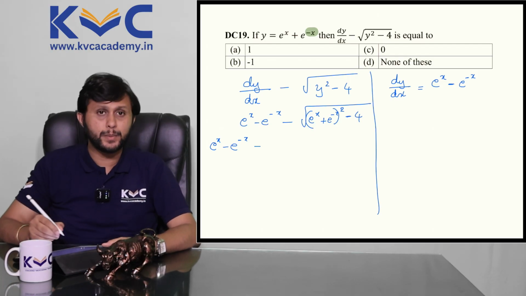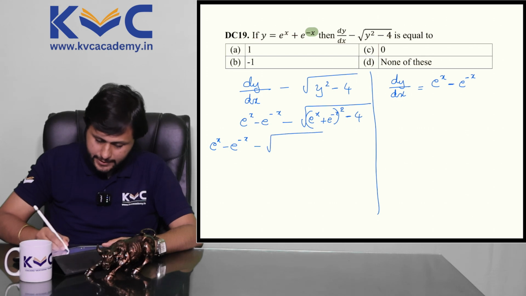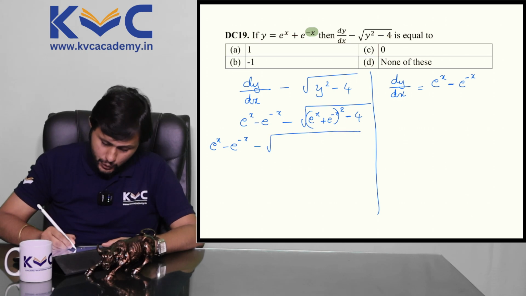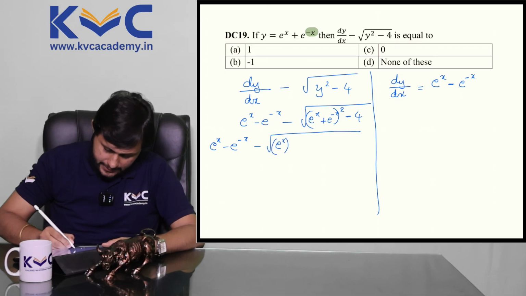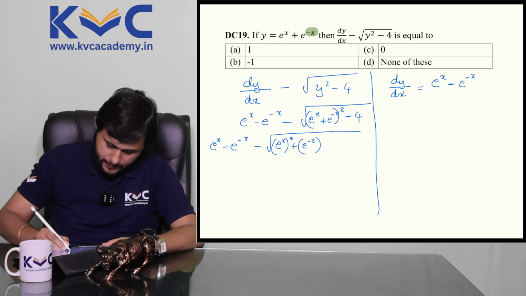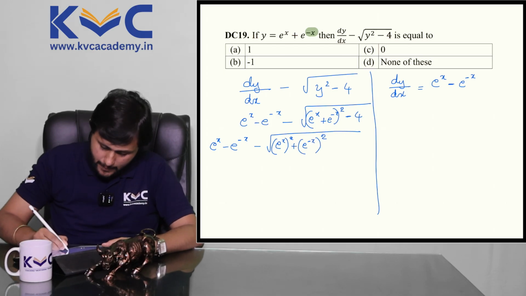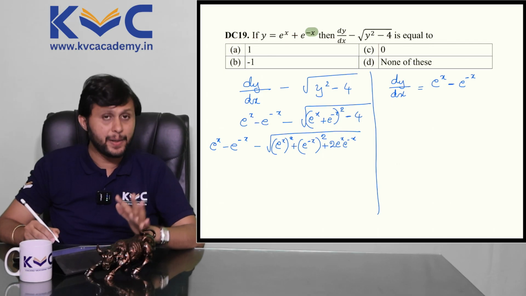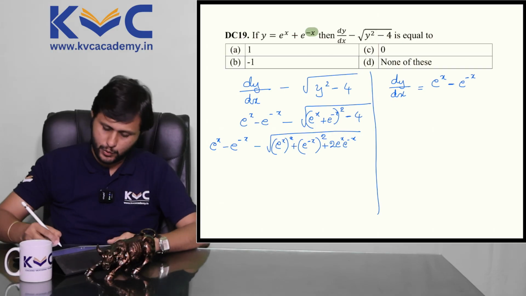Then we have to open the square inside the square root. So we have a plus b whole square. So we have, this is a square plus this is b square plus 2 times a b. Correct? So we just expanded, that is a plus b whole square.